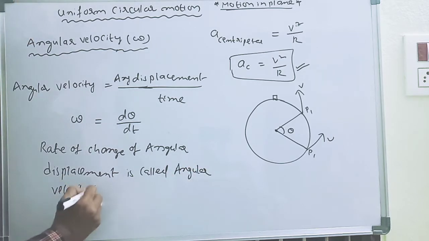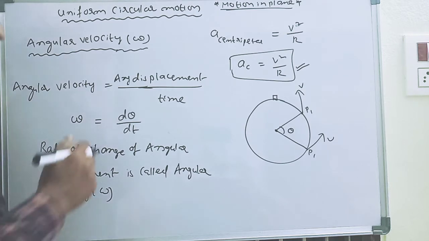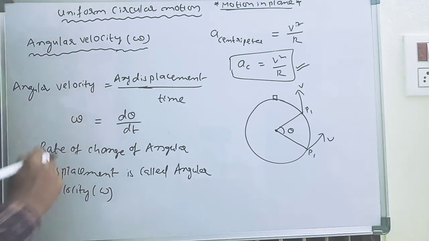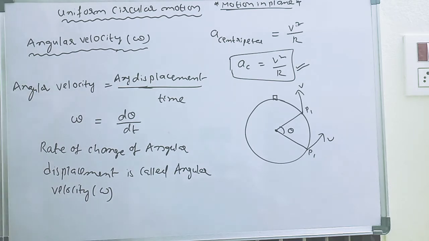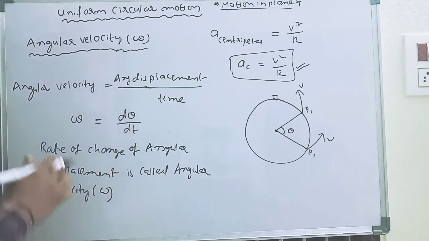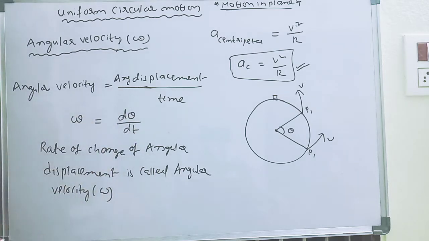This is the common definition, and we write omega. So we know what is meant by angular velocity. This is the general definition of angular velocity. Angular velocity is angular displacement by time, that is, omega is equal to d theta by dt.